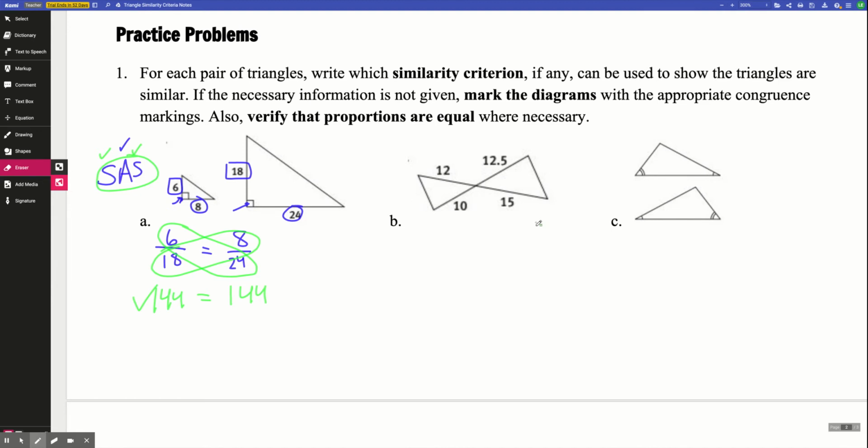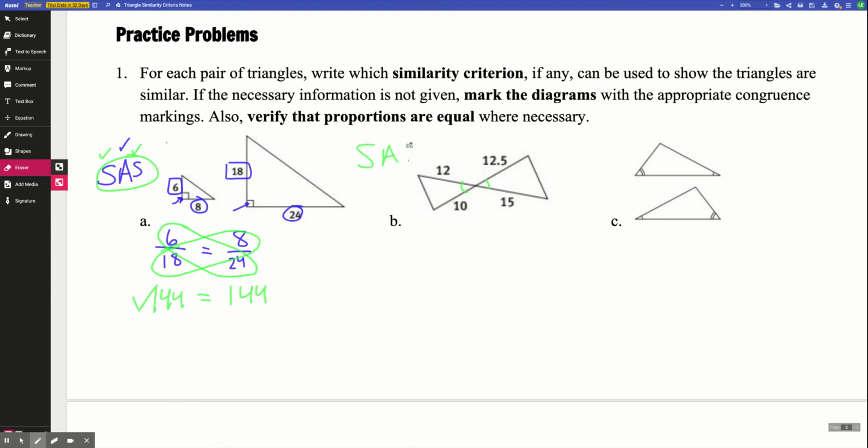Now, part B also looks like SAS to me, even though there are no angles marked. Here's why: I have these 2 vertical angles in the middle, which are congruent to each other because they're vertical.